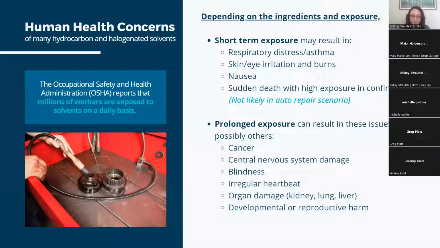His doctor couldn't figure out what was happening, so he went to a specialist and then another specialist after that, and eventually they determined that his neurological issues and hair loss were due to long-term exposure to these toxic solvents. Ever since, he's been avoiding products with toxic chemicals and chlorinated solvents and finding safer solutions to continue working as a mechanic and trying to turn these health issues around.